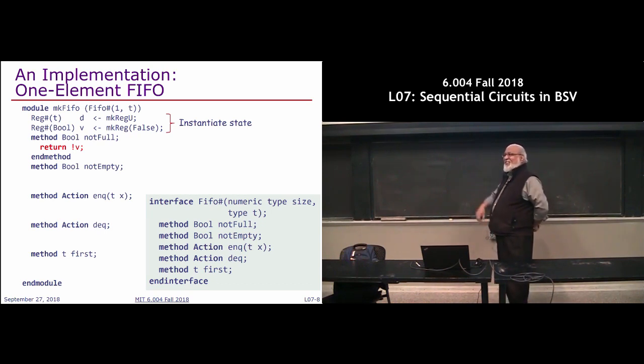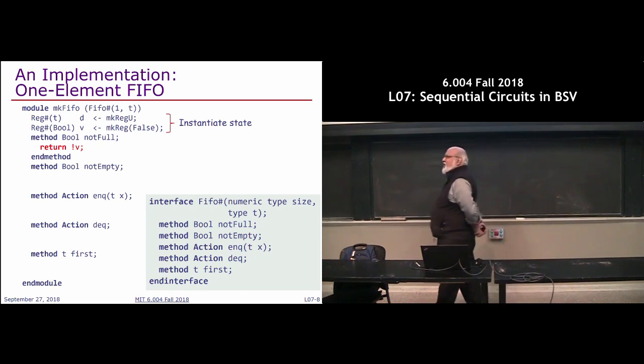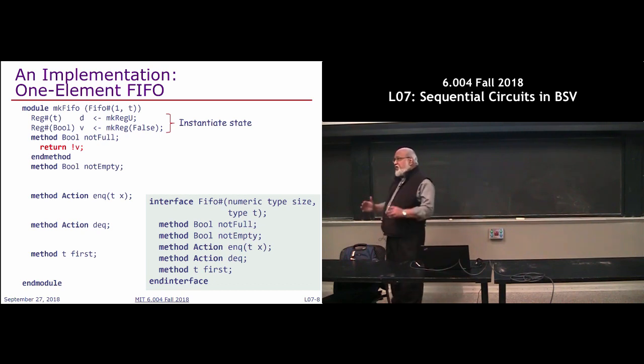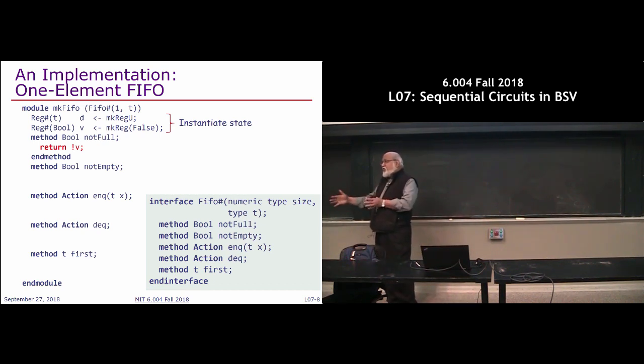Yeah, what's make reg u? Is that something you defined elsewhere? I don't get why before, make reg had a parameter that's 0, and right here make reg has a parameter that's false, and it seems like that's different types. Right, so you can never figure out the type by looking at the right hand side.